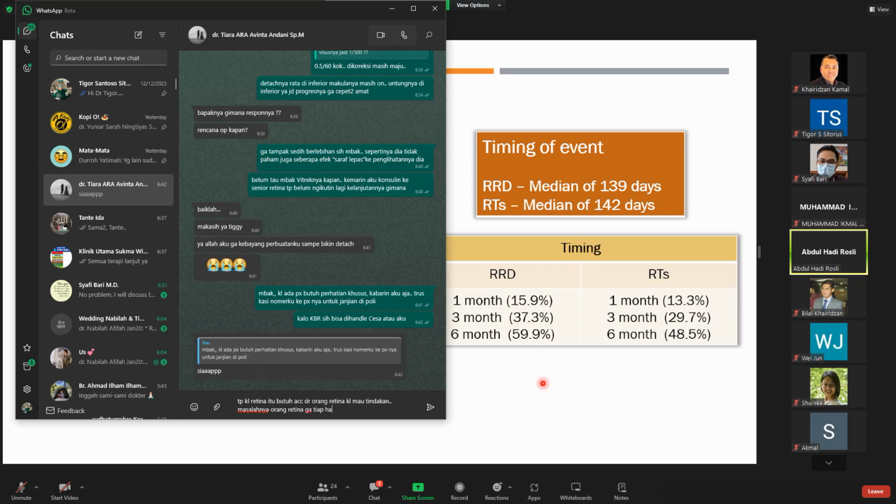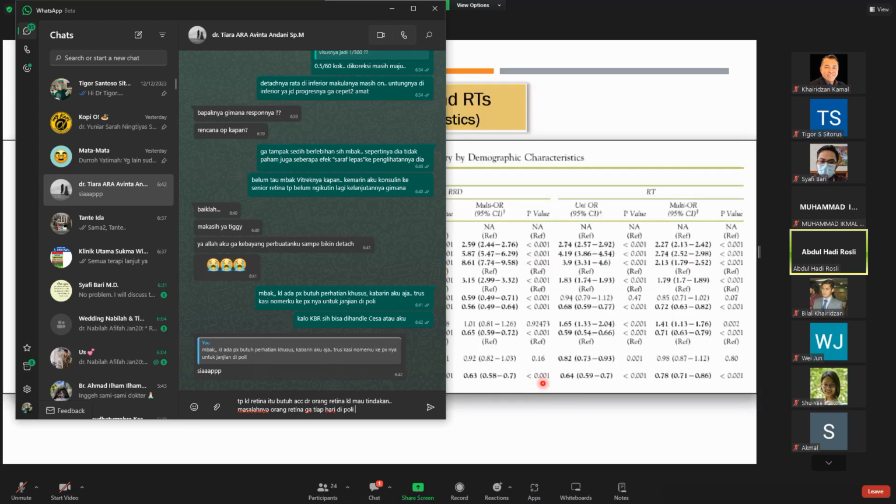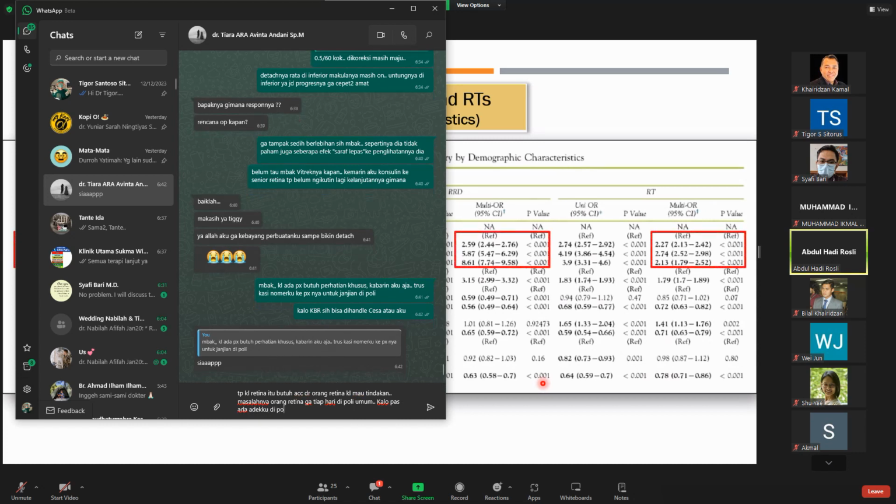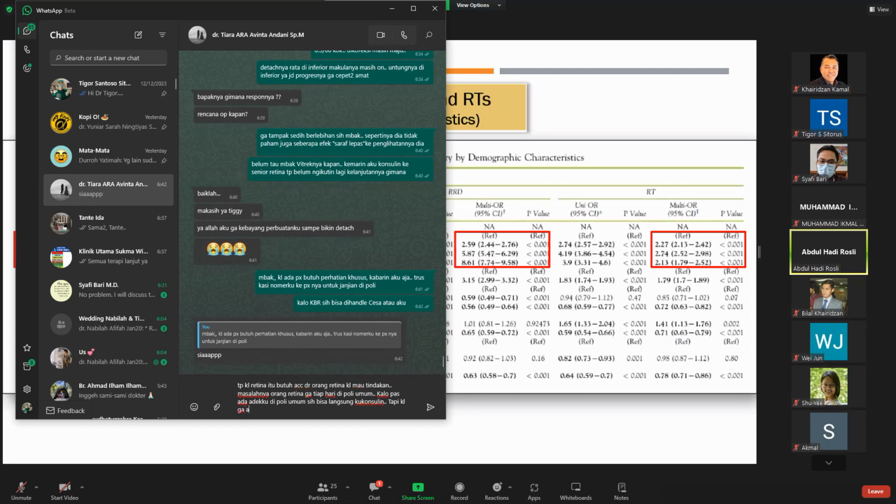Then for the risk factors for RRD and retinal tear, the multivariate regression analysis revealed increased risk of RRD, again, in the younger age group.